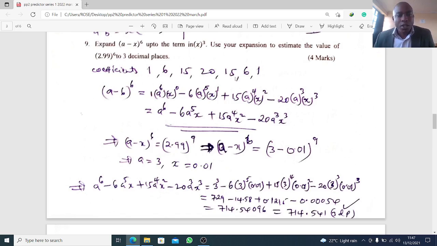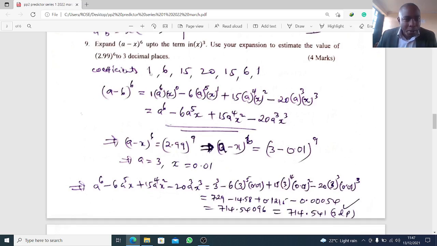Then after getting the coefficients, we know that a minus x power of 6. When you have a negative, we start with minus, plus, minus, plus in that order. So you start with a, we get the highest power 6 here, a power 6, and x power of 0.